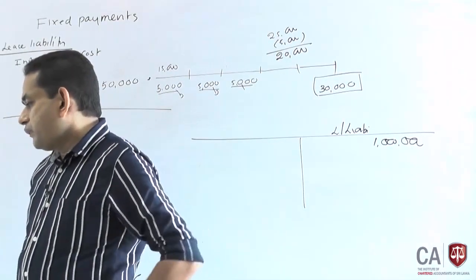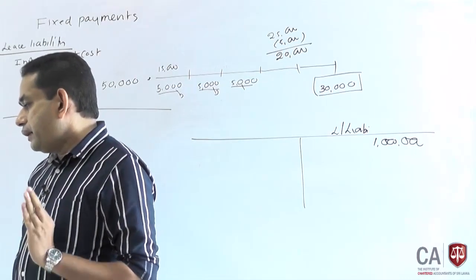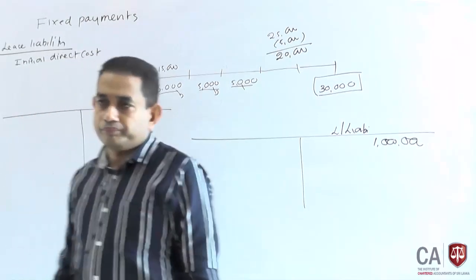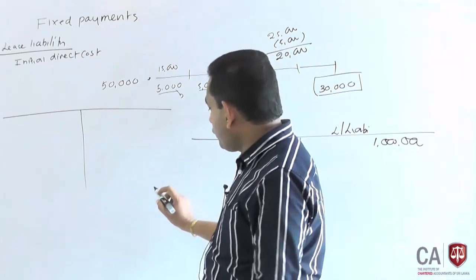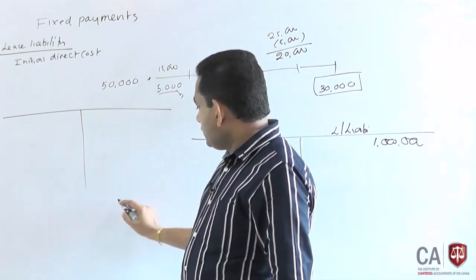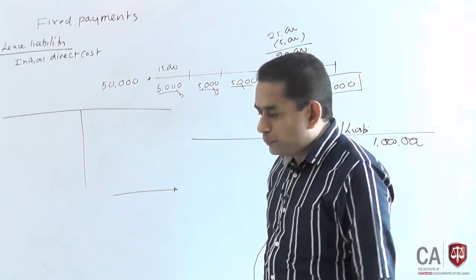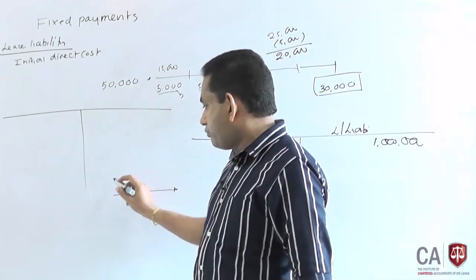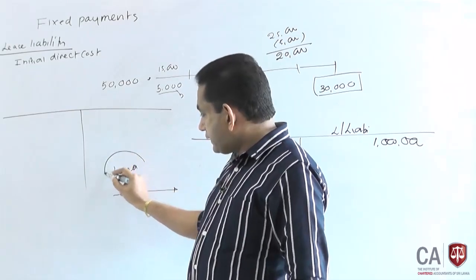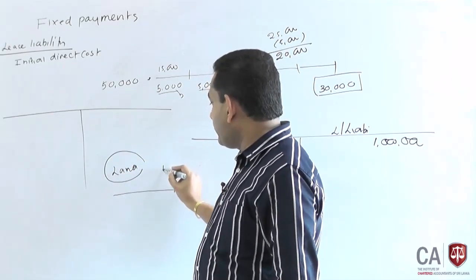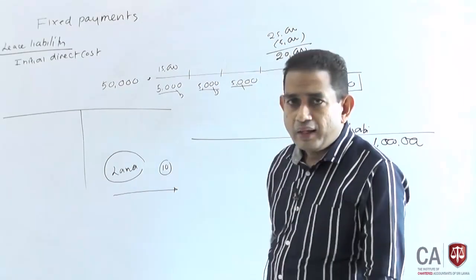Then expected cost for dismantling, restoring asset. Now, just for a small example, a chain of supermarkets will enter into a lease contract with an owner of a land to take the right of use of the land over 10 years time, and it was a bare land.